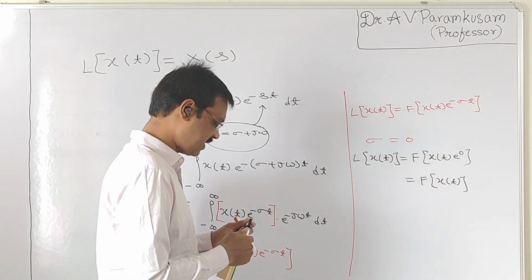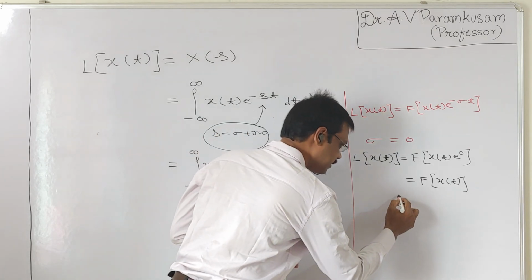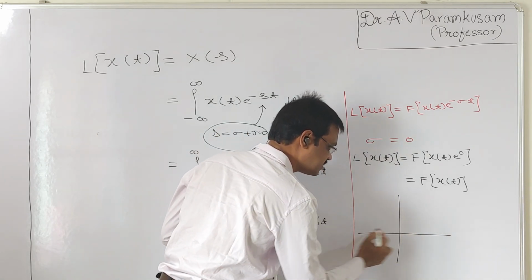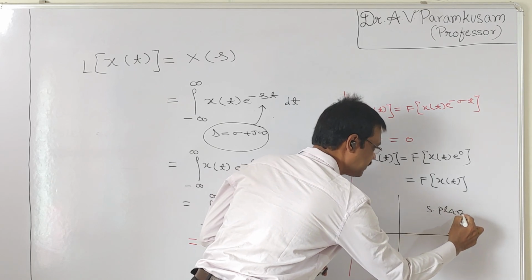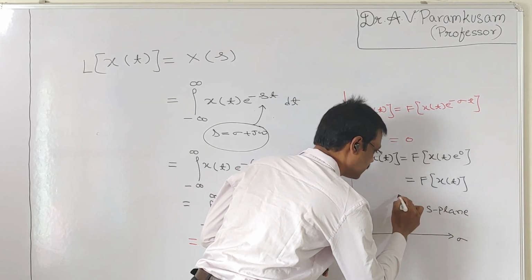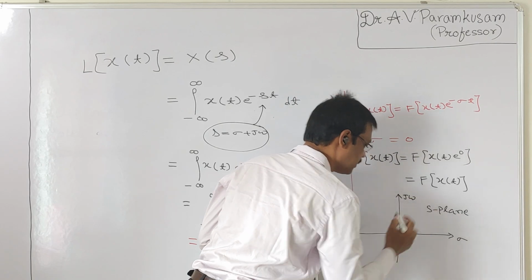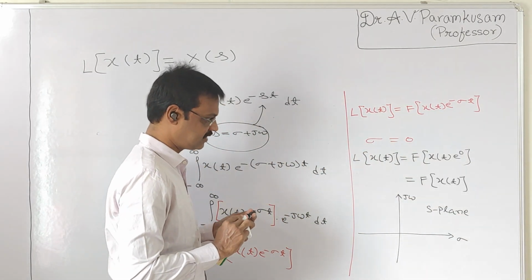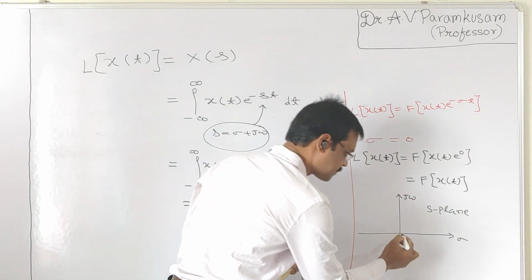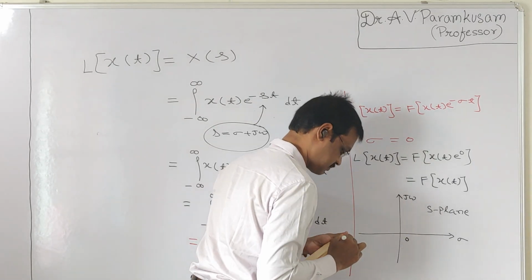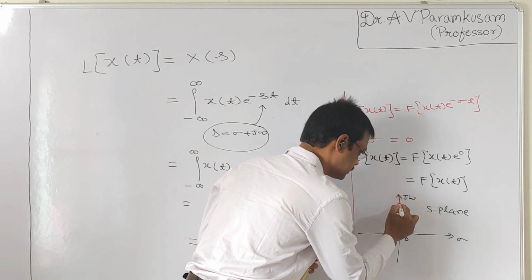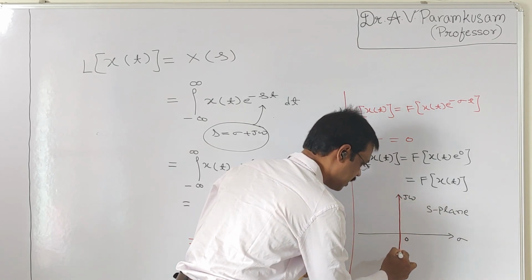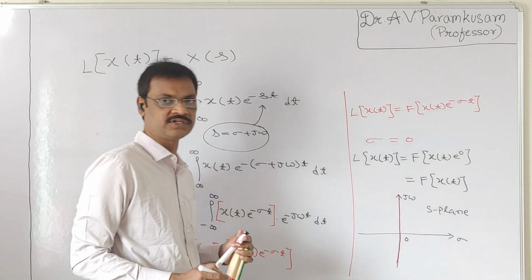Sigma is equal to 0 means in the s plane, can you identify where sigma is equal to 0? This is s plane. This is sigma. This is j omega. Where sigma is equal to 0? This j omega axis. On the j omega axis, sigma is equal to 0.